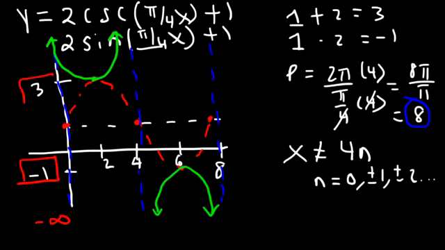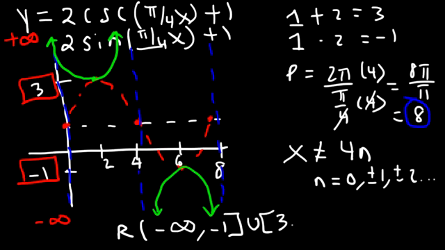Then it starts up at 3, and then it goes up to positive infinity. So therefore, we can write the range like this. Negative infinity, that's a terrible infinity sign, let's do that again, to negative 1, so that includes negative 1, and then union, it includes 3 all the way to positive infinity. So that's the range of this particular function.